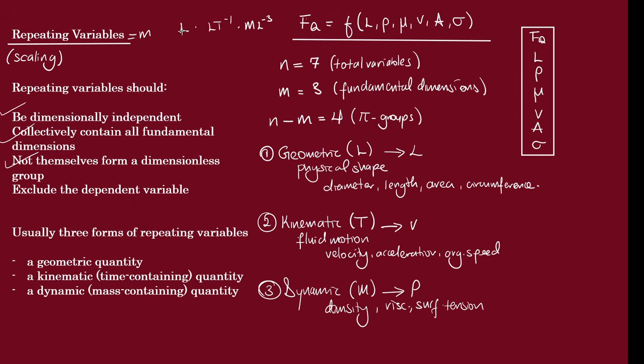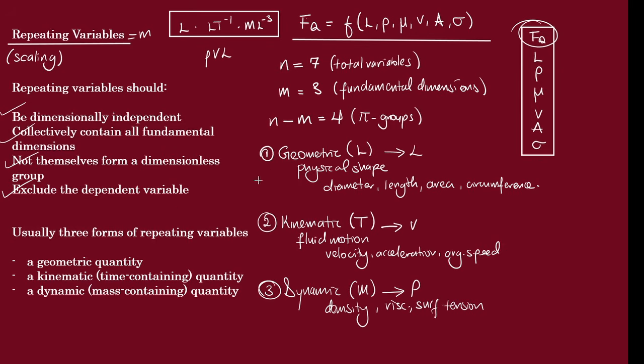And if you look at this very closely, since the time quantity appears only once and the mass quantity appears only once, there's no way we can multiply these together that will eliminate T for time and M for mass. So it's not possible that any combination of rho, V, and L can form a dimensionless group. So that's how we can check it. And lastly, you must exclude the dependent variable. So here our dependent variable was f of q, our imaginary force here.